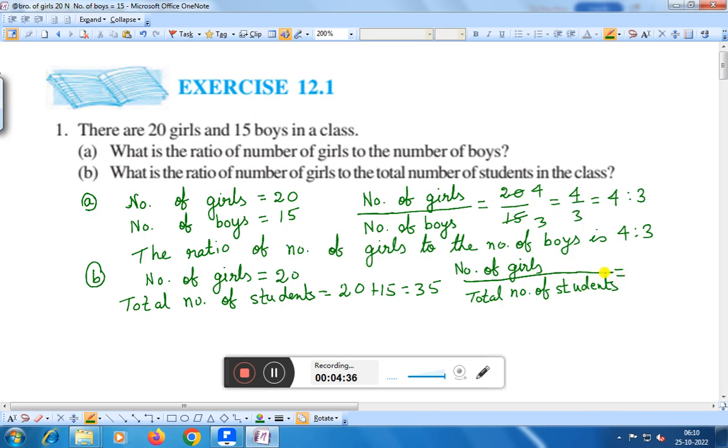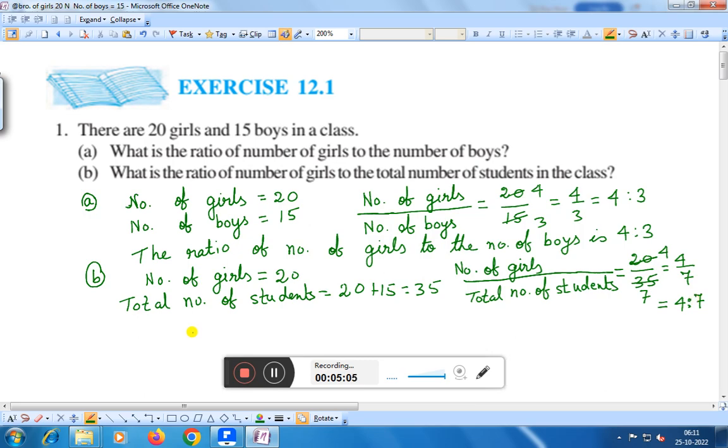Number of girls is 20 and total number of students is 35. If we convert it into lowest terms, we divide by 5, that is 5 fours are 20 and 5 sevens are 35. Therefore it comes to 4 by 7, and you can write 4 by 7 as 4 is to 7, right?